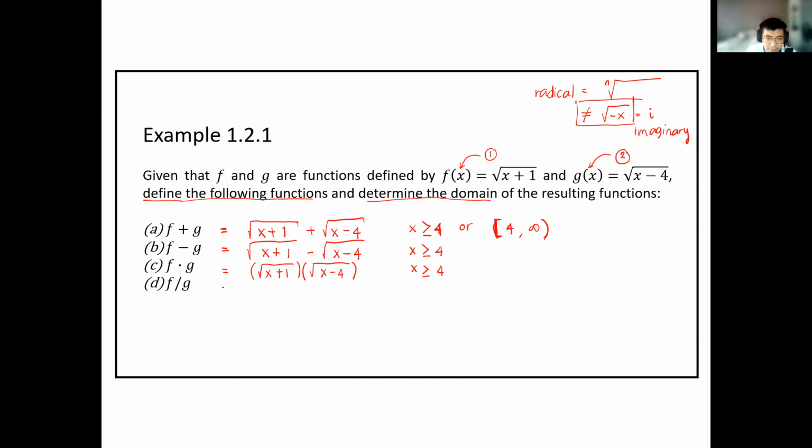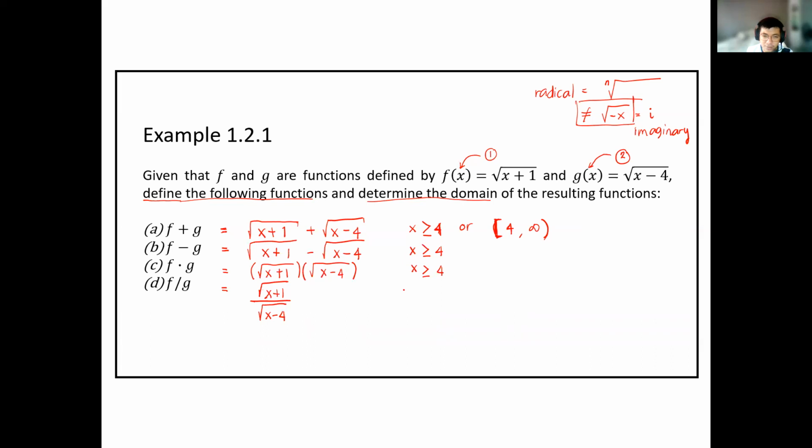Then lastly is the division part. So usually we express it as fractions for division. So this is the square root of x minus 1 divided by the square root of x minus 4. So again, as mentioned earlier, the denominator cannot be equal to 0.